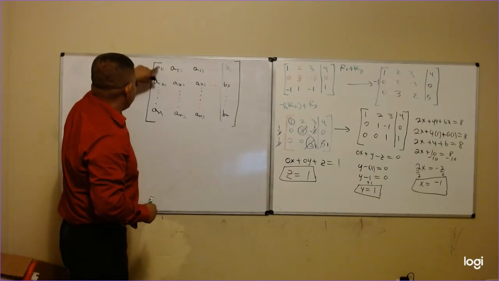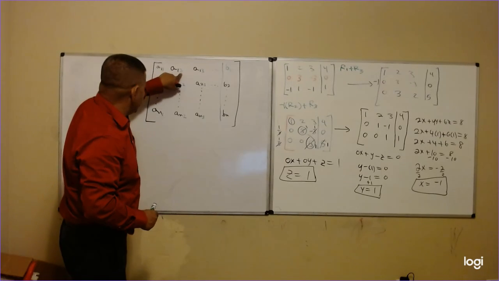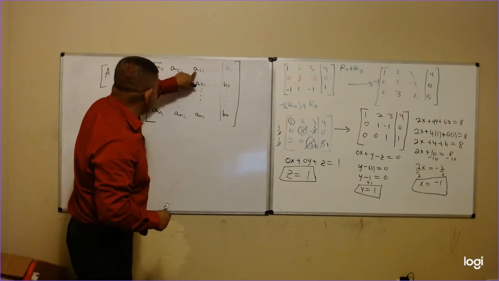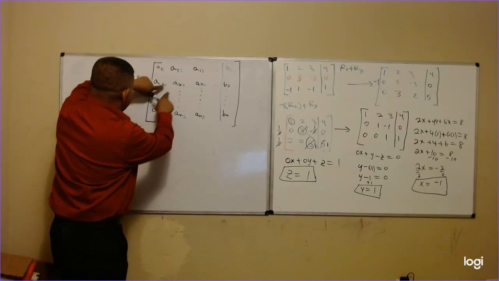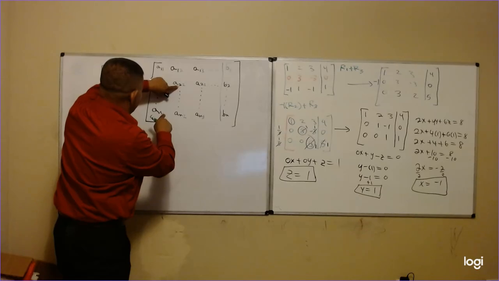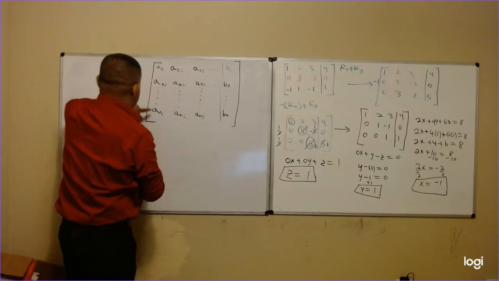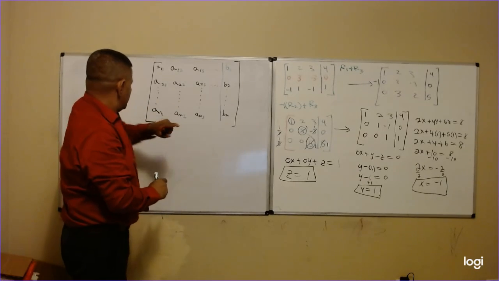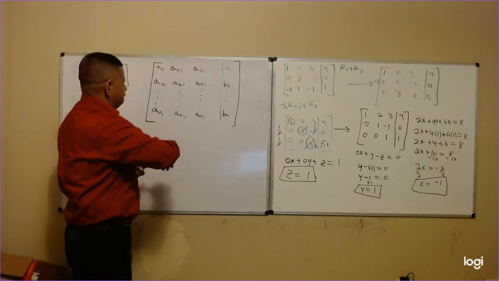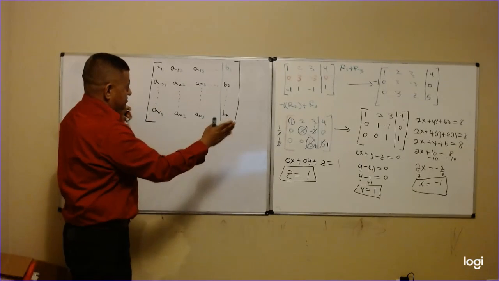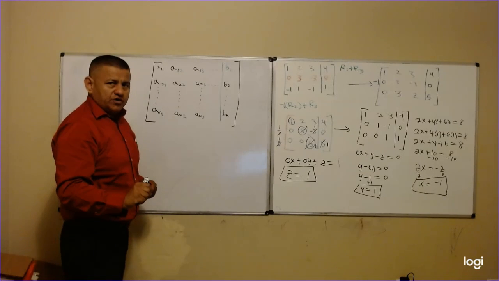Row 1, column 1, still row 1, column 2, row 1, column 3, row 2, column 1, row 2, column 2, row 2, column 3. And then, of course, up to row n, whatever numbers of rows and columns you have, that's how you do it. So, okay, this has been the video for today.